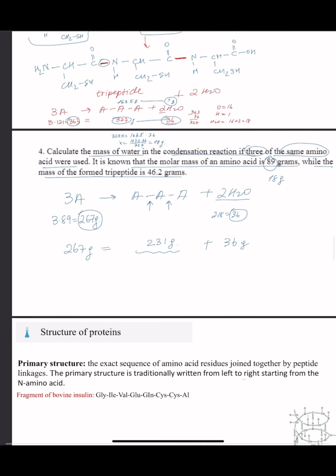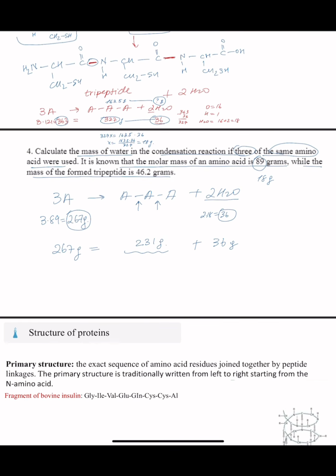And it says to you that it's known that the molar mass of the amino acid is 89, find the mass of water if 46.2 grams of tripeptide is formed. So now in this case, you've been told what if 46.2 grams are produced? How many grams of water are going to be produced at the same time?